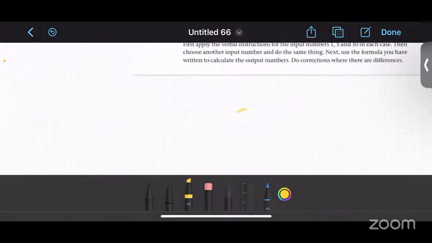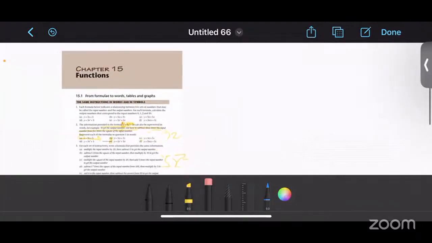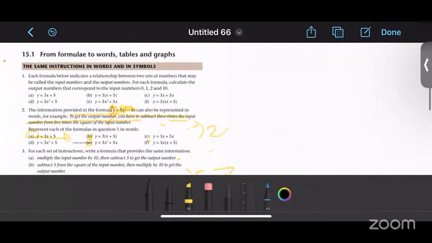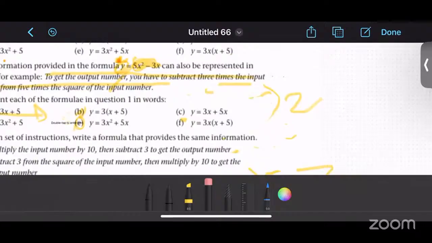Ma'am, can we go back to the sum? To calculate the output value, you have to multiply input plus 5 by 3 times input.